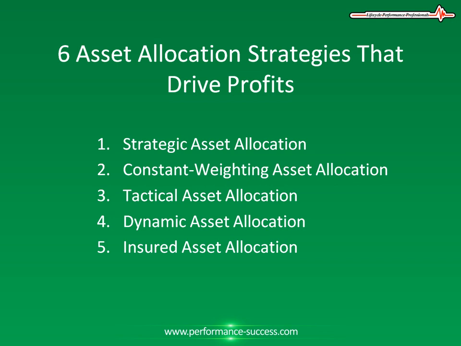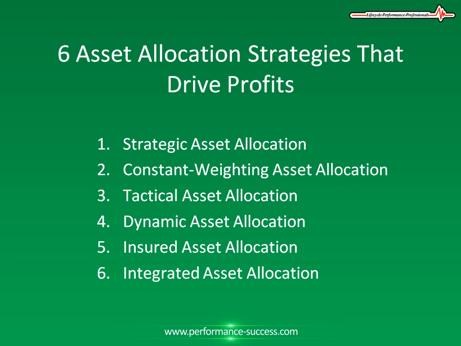And the last strategy is integrated asset allocation. With integrated asset allocation, you consider both your economic expectations and your risk in establishing an asset mix. While all of the above mentioned strategies take into account expectations for future market returns, not all of the strategies account for investment risk tolerance.